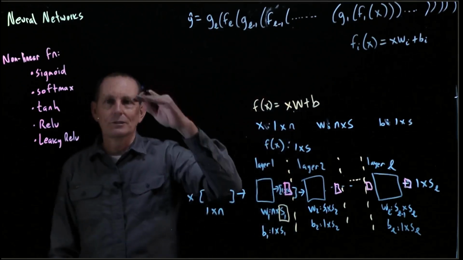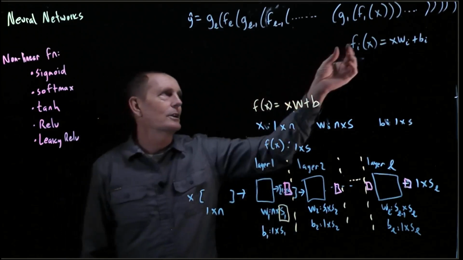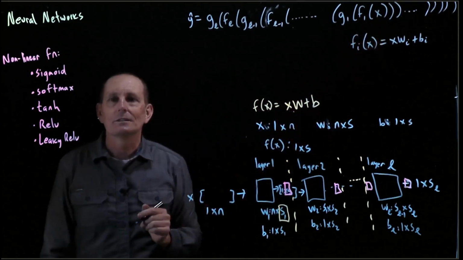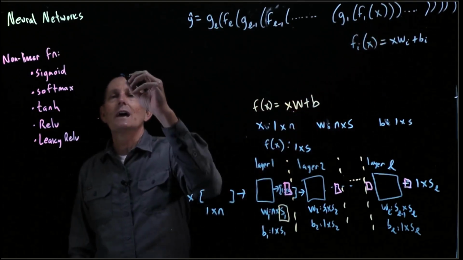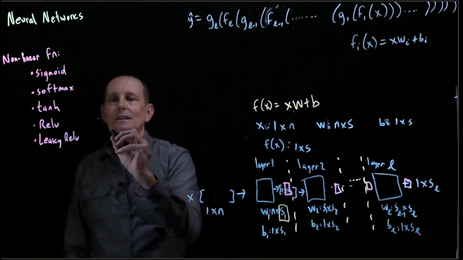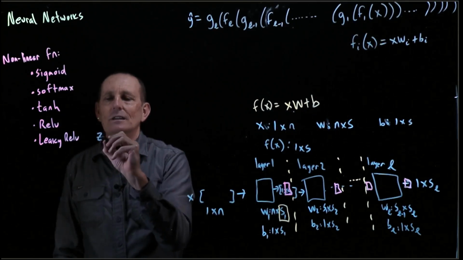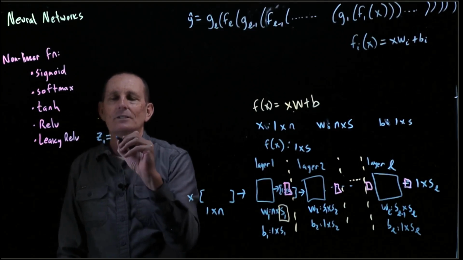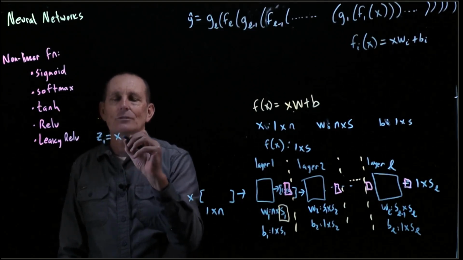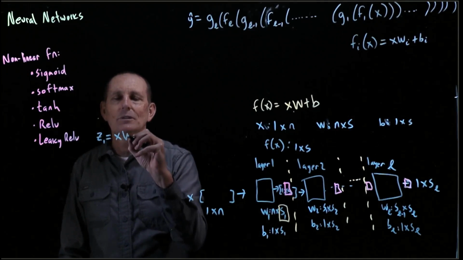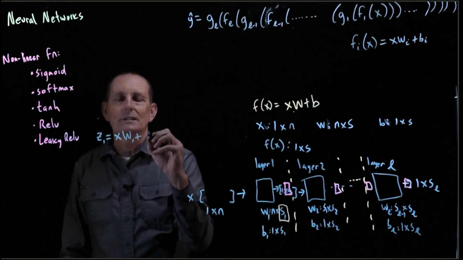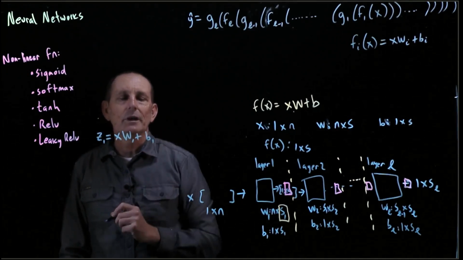Let's just go through it as we actually calculate it, from the beginning to the end. We're going to define Z as the output of F. So Z sub 1 is going to equal X, our actual input, times W1 plus B1.